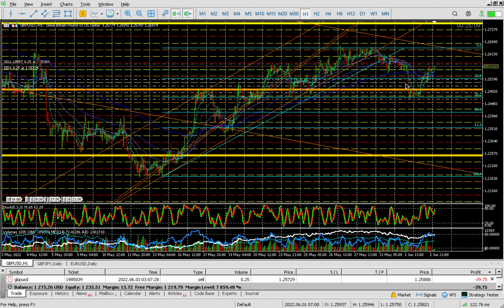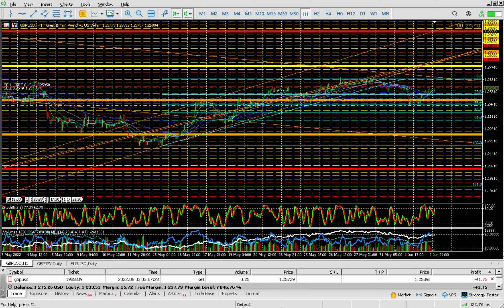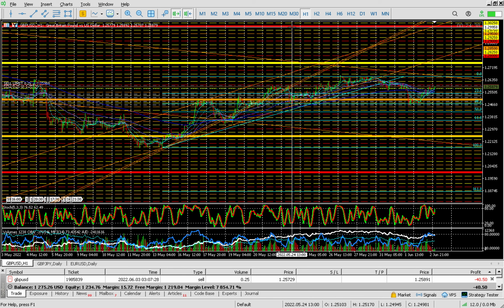So I think it could basically reject off of this, come down, boom, come down into this area, and then back on up to a higher high above here. Maybe coming up to, we don't really know exactly where, but possibly up here maybe.